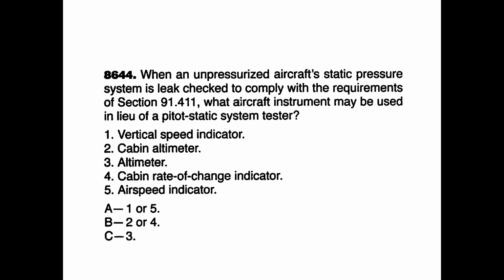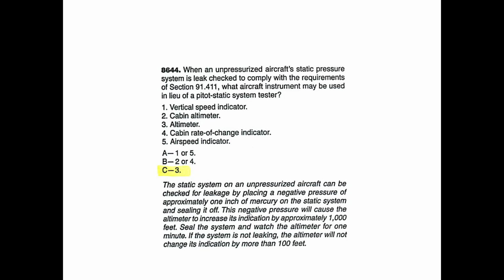Another clue, I know from writing tests, is that if you're going to give two options, you're going to change this to a plural. What aircraft instruments? So if they're saying instrument, they're kind of giving themselves away that it's the only answer that has a single option attached.